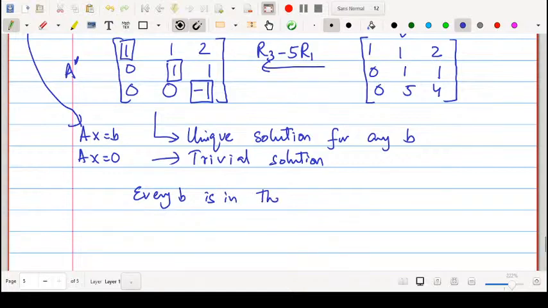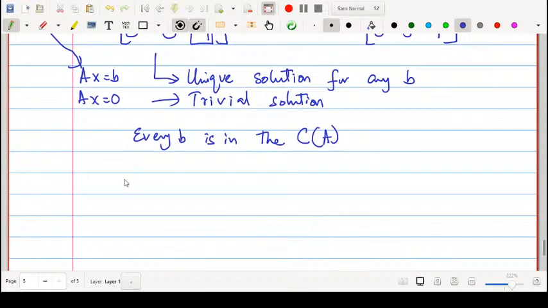is in the column space of A, which means the columns of A are, if every B, and we know that we're in 3-dimension space, right? Let's just turn this on because this used to be a nice little feature.